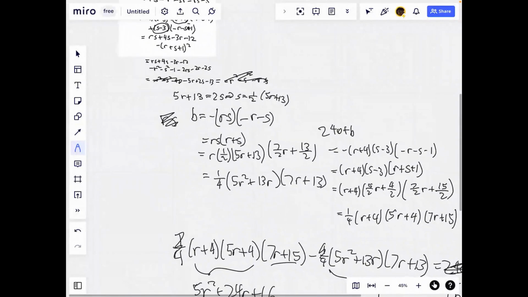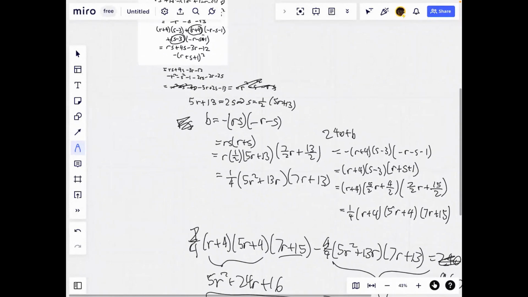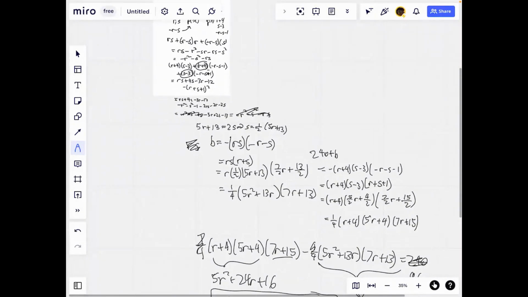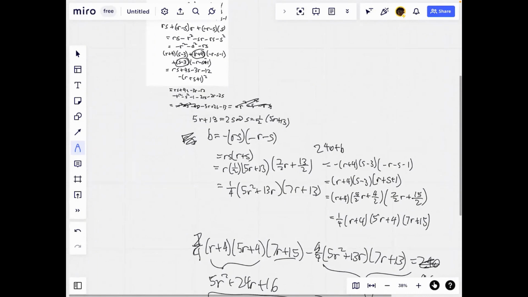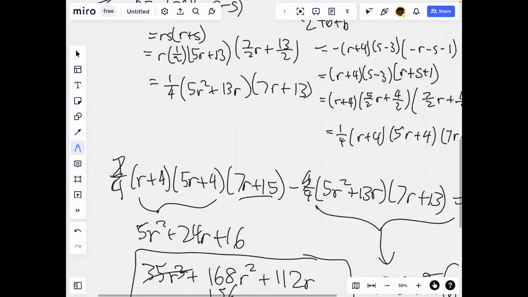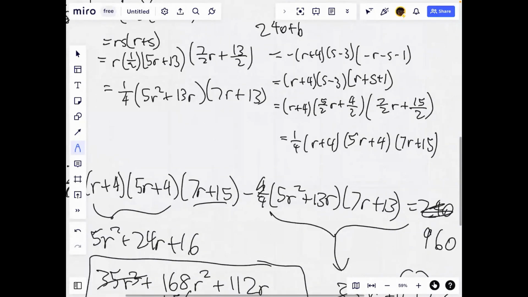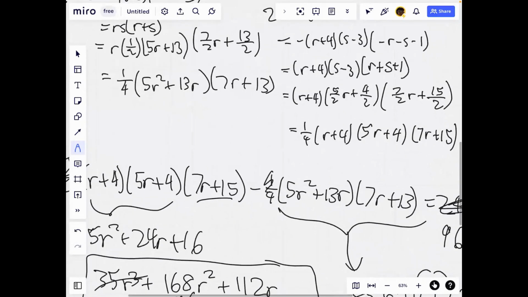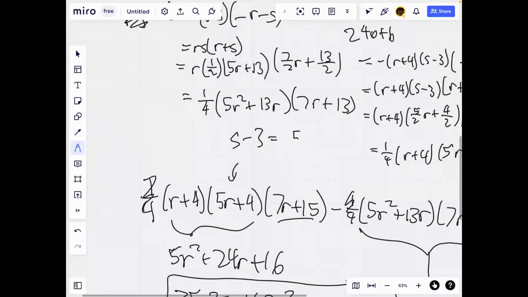So then we have r plus 4, and s minus 3 should be 5r over 2 plus, okay, so this should be at 7.